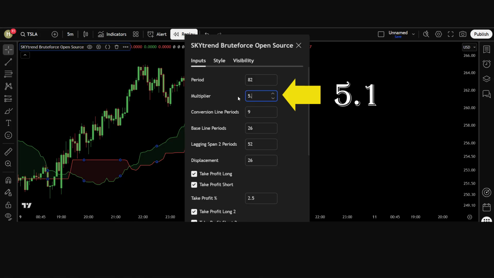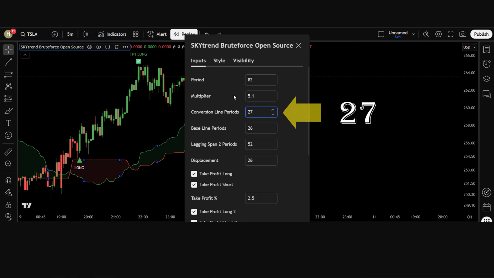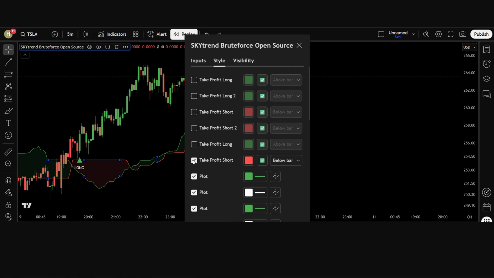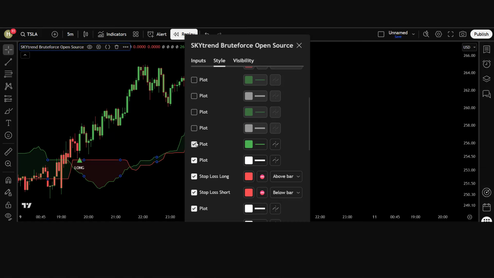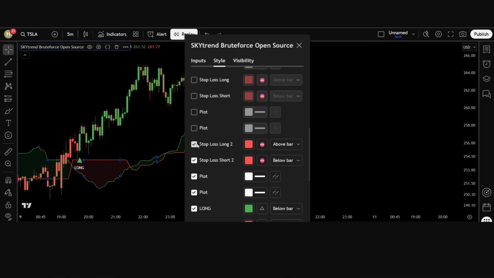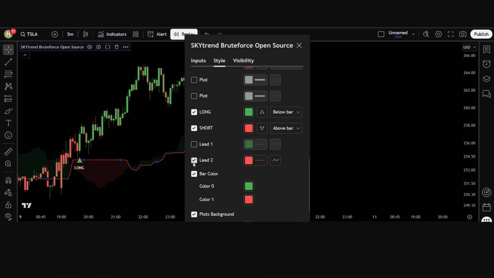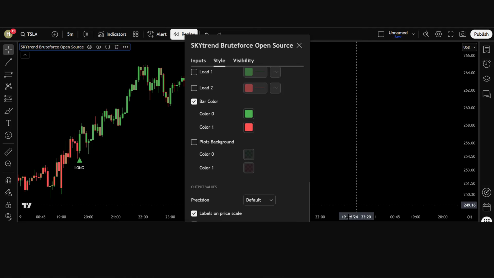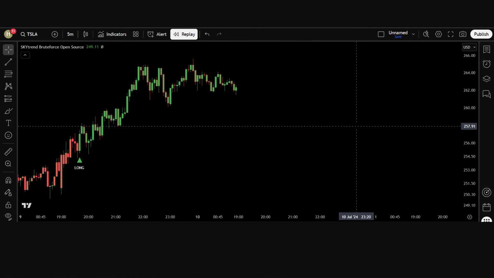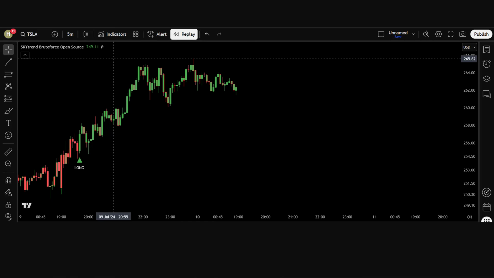Multiplier 5.1 to 10. Conversion line periods 27 to 9. Go to Style tab. Hide some options. Click OK.